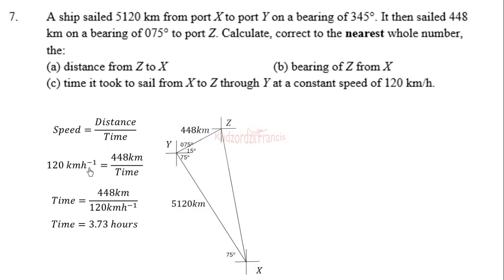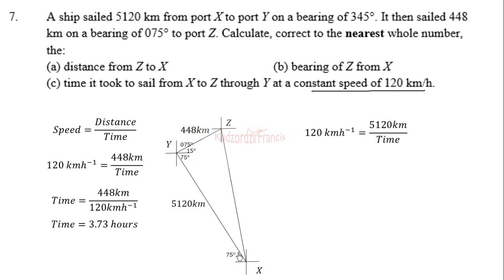Now we need to calculate the time it took from X to Y. In this case, we have to substitute the distance 5120 kilometers. The speed is still the same, which is 120 kilometers, because it says that it travels from X to Z through Y at a constant speed of 120.